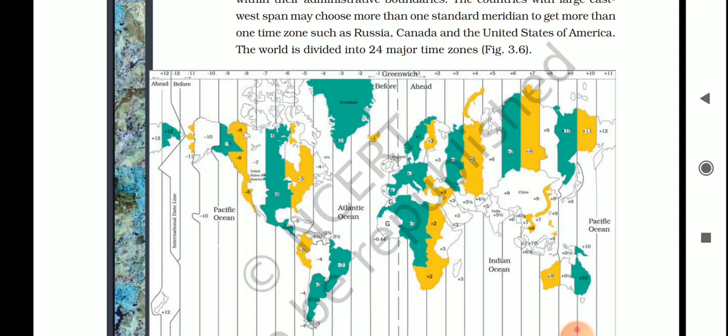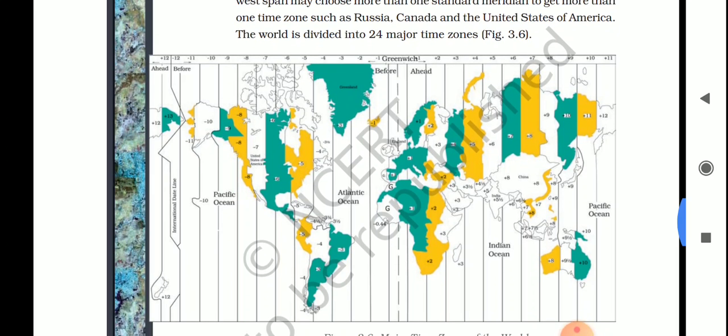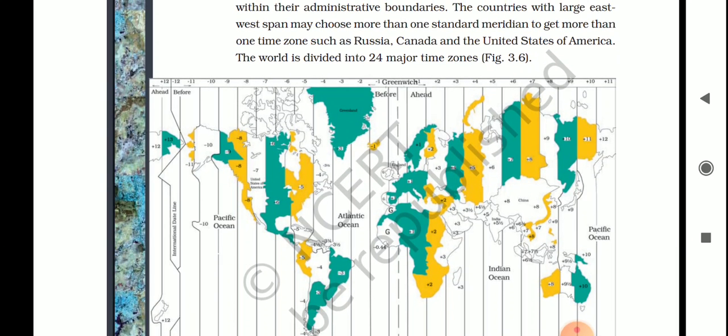So the standard meridian is selected in a manner that is divisible by 15 degrees or 7 degrees 30 minutes, so that the difference between its standard time and the Greenwich Mean Time is expressed as multiples of an hour or half an hour.